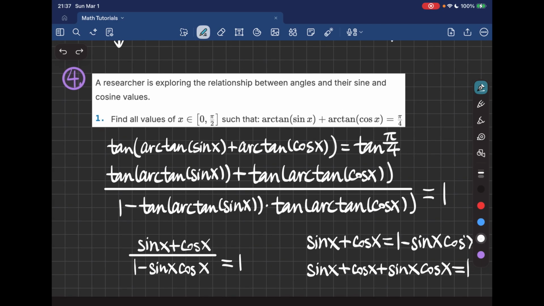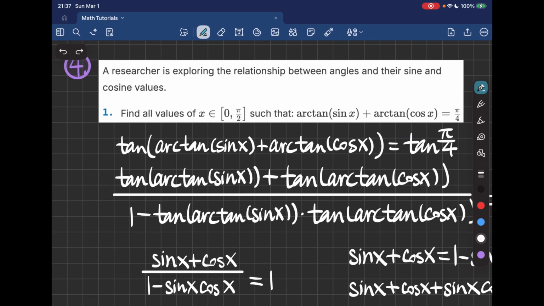Well, there is a formula that I directly used, which is tan of A plus or minus B equals, well, it is in the data booklet, so you don't need to worry about memorizing it, but know when to use it. It's kind of messy, but it looks like this.